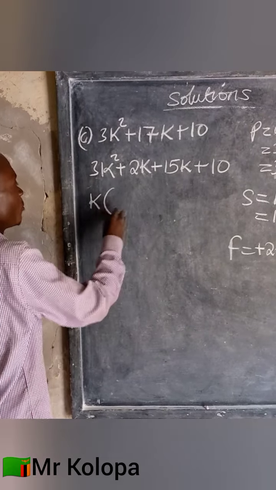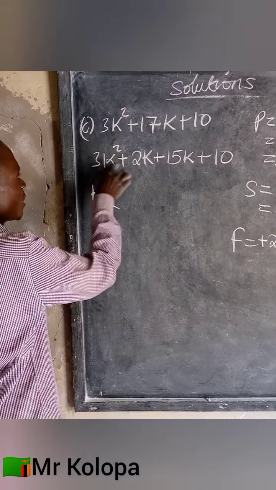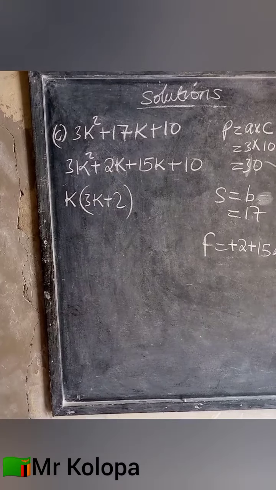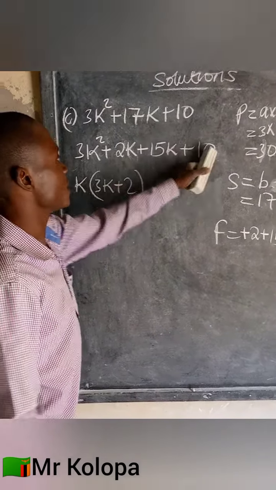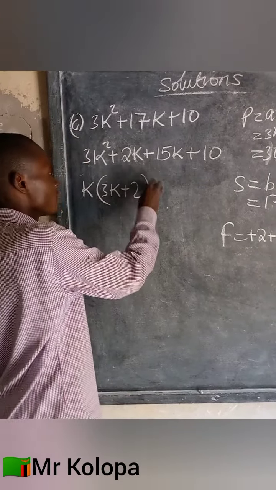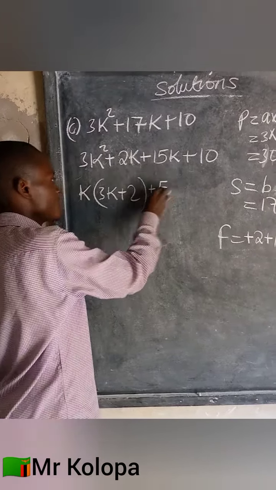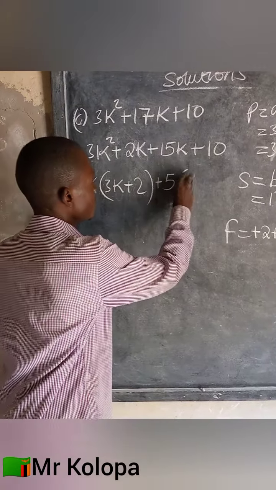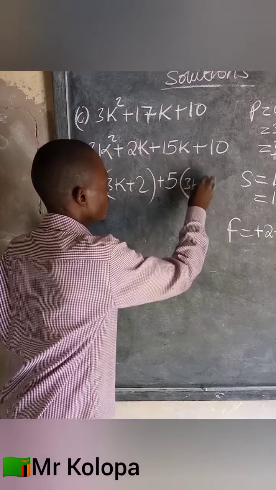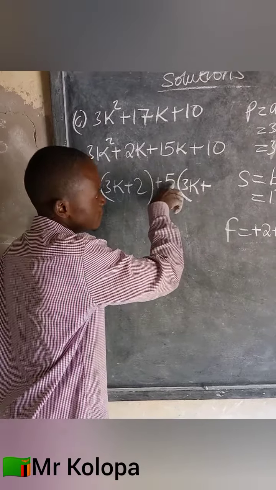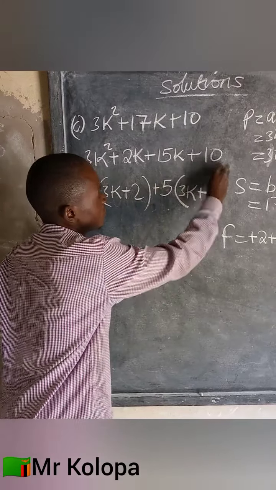It's k, open brackets. k into k squared, you remain with 3k, positive 2. Then if you look at 15 and 10, what number can go into this and this? So we're going to have the side which is positive, and 5 is common, open brackets. 5 into 15, you get 3k, positive. 5 into 10, you get a 2.